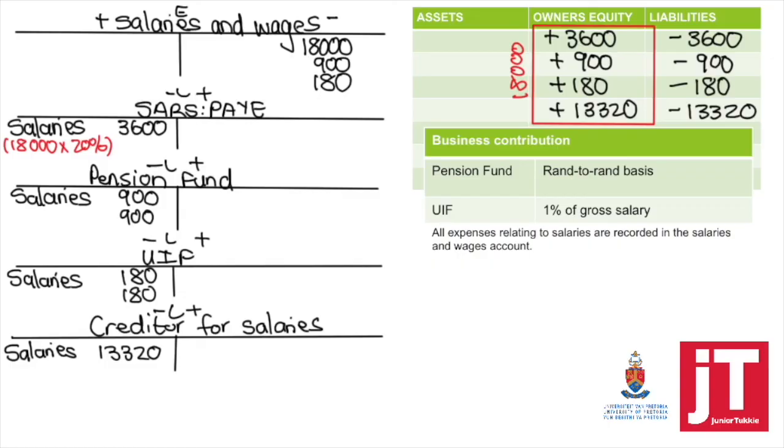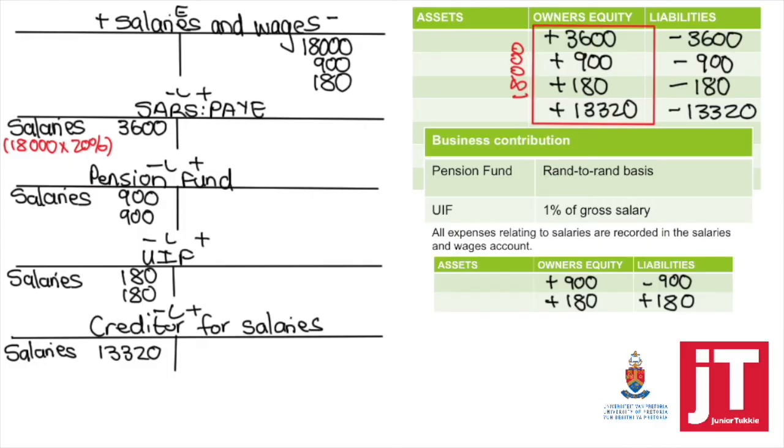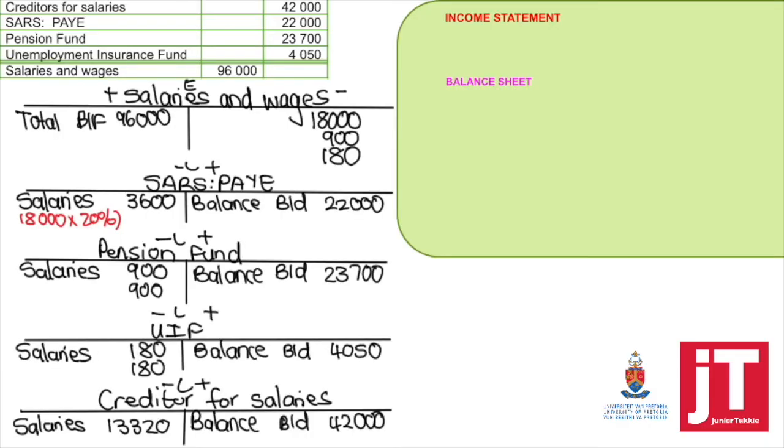We owe 180 less to the UIF, so UIF debited, salaries and wages credited. The effect on the accounting equation: because our expense decreases, it will have a positive effect on the owner's equity. Liabilities, we owe less.